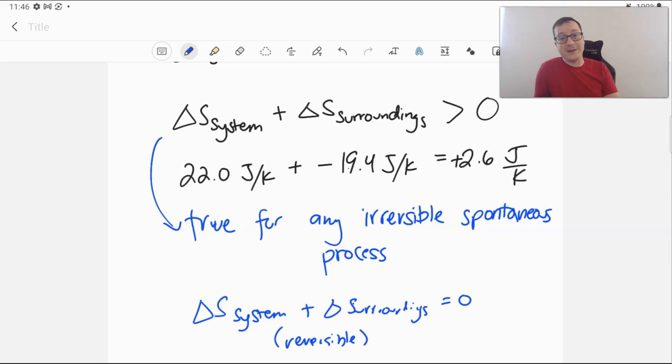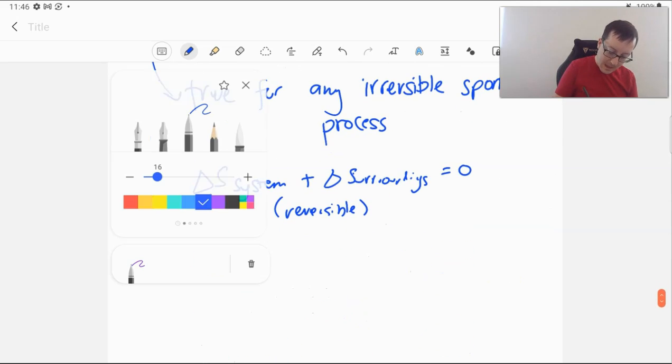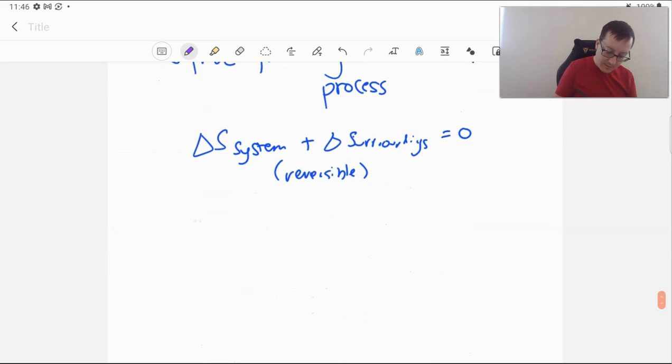So this is known as the second law of thermodynamics. For any irreversible spontaneous process, the delta S of the universe, which is the sum of those two, will always increase. So I'll write that out since we like our laws.